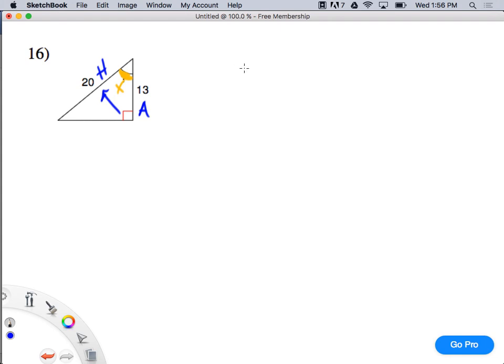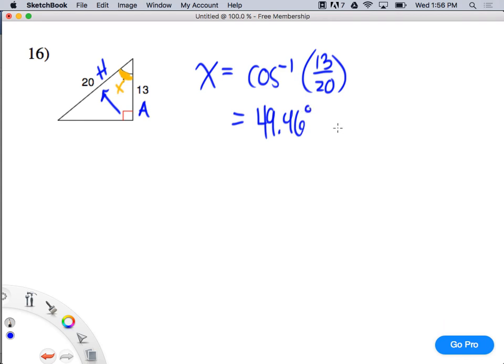Cosine. But I'm solving for the angle, so it's inverse. So x equals the inverse cosine of 13 over 20, which, plugging it into my calculator, is 49.46 degrees. Got it? Any questions about that?